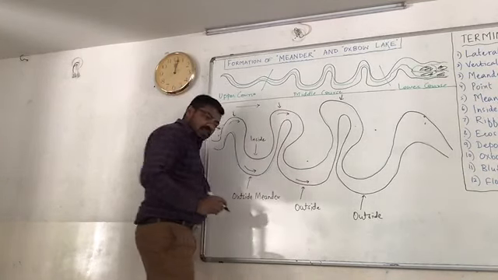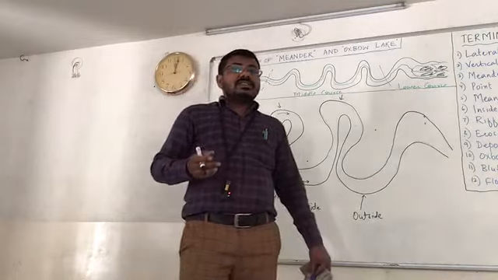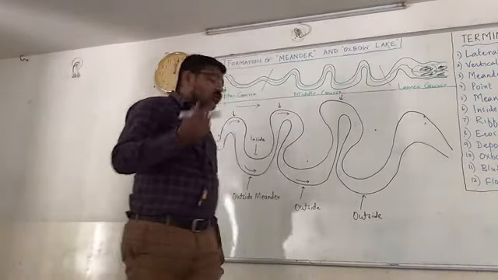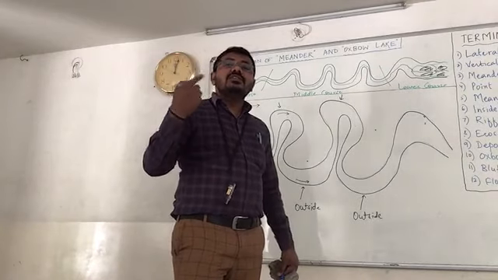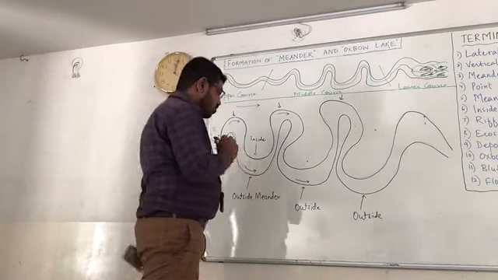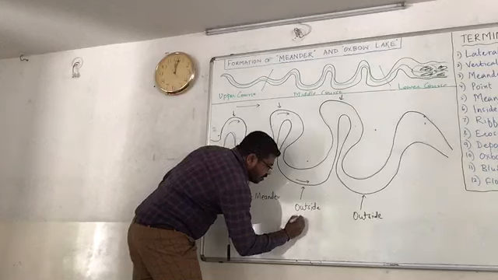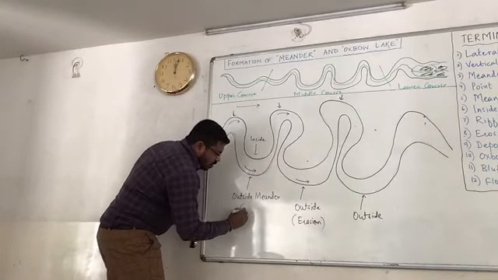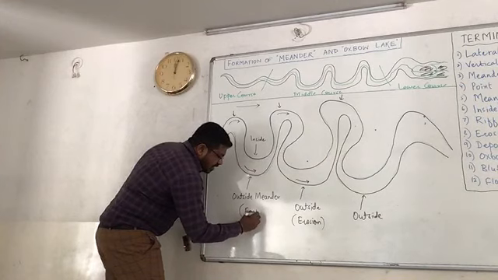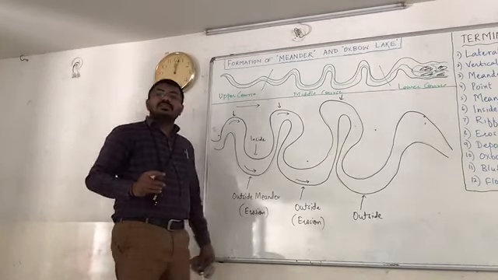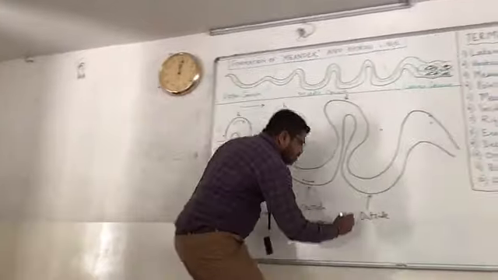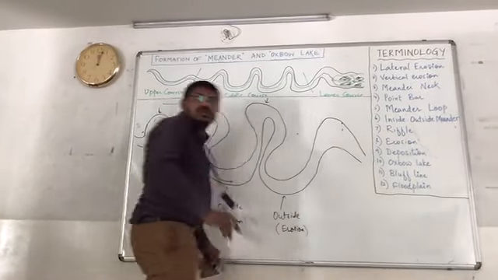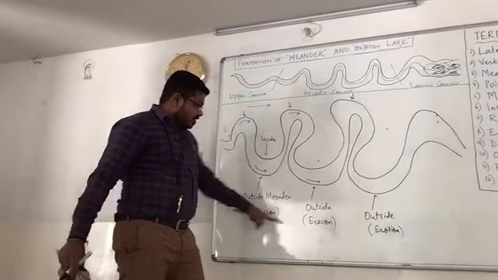Now if the river is applying more force on the outside, it means that the force will result in the erosion of that side also. So outside it will do the erosion, right? All the outsides will experience erosion.